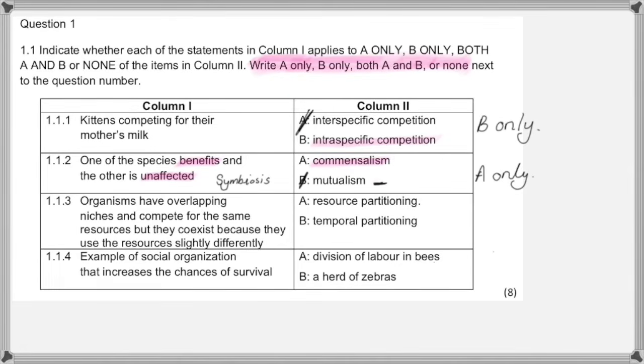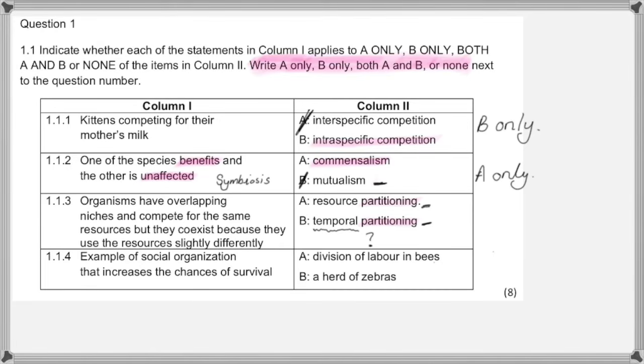If we look at question 1.3, organisms have overlapping niches and compete for the same resources, but they coexist because they use the resources slightly differently. Now, if we look at the nuance in this question here, there's a very typical terminology that is used here. So here we're looking at use of the resources slightly differently.